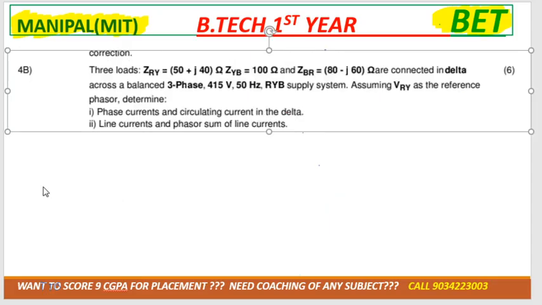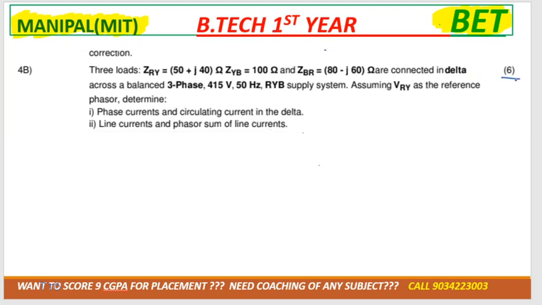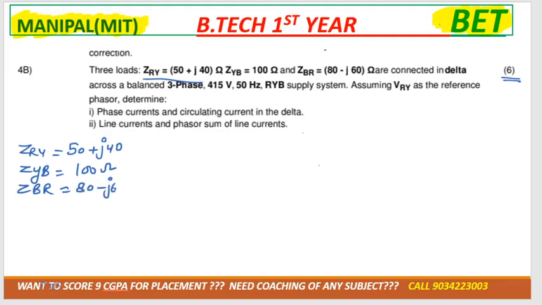See, now this is unbalanced, and generally unbalanced comes for 6 marks in B. Okay, so they have mentioned ZRY is equal to 50 plus J40, ZYB is equal to 100 ohm, and ZBR is equal to 80 minus J60, and VL is equal to VPH, that is equal to 415.